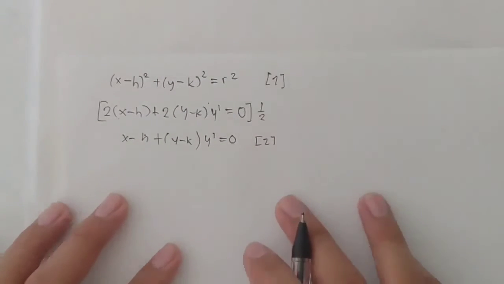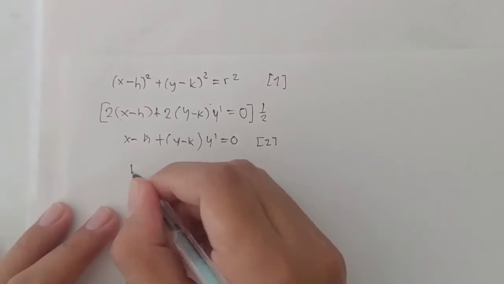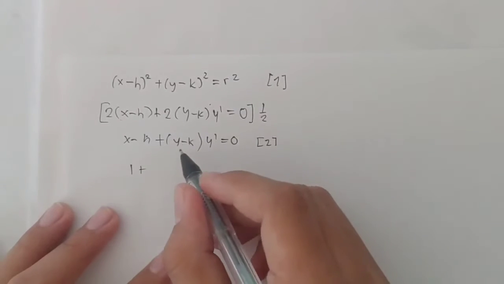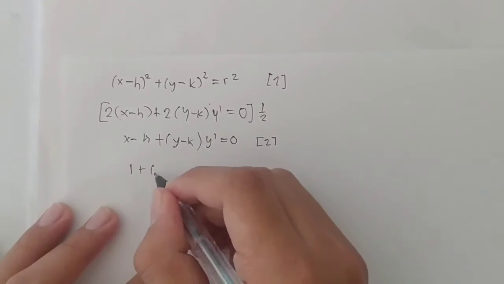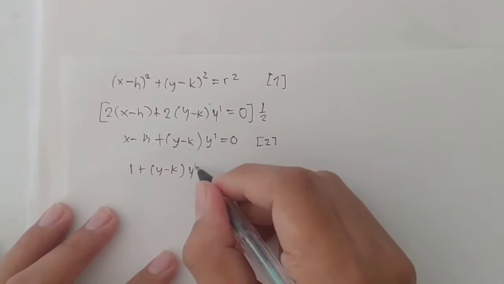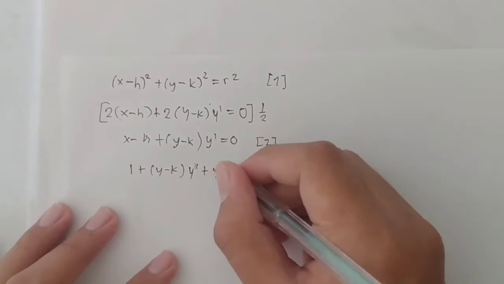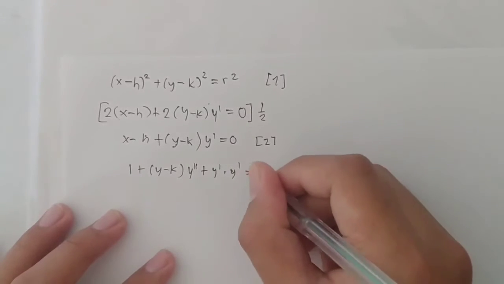Next step is to get the second derivative. The derivative of x is just 1, and the derivative of h is 0. In this part, we need to use the product rule. Copy the first term, y - k, times the derivative of y prime, which is y double prime, plus copy the second term, y prime, times the derivative of this, which is just y prime, equals 0.